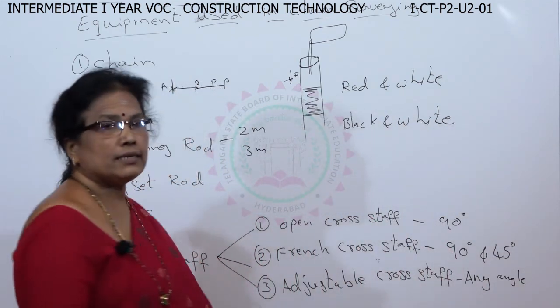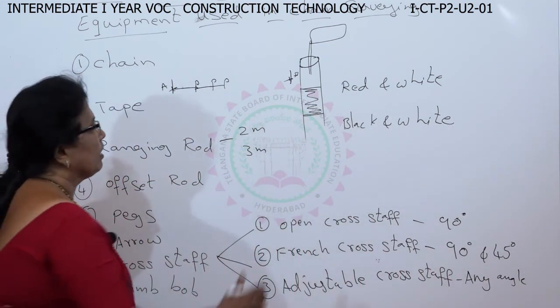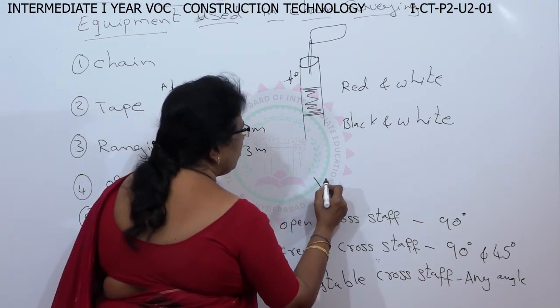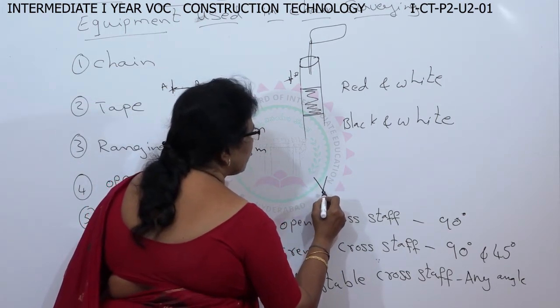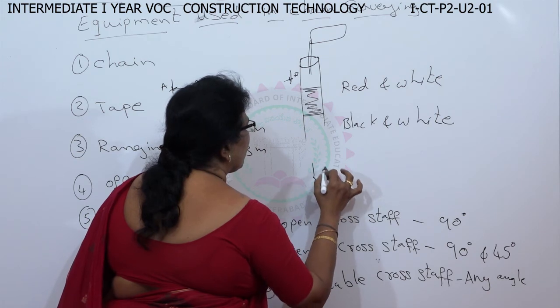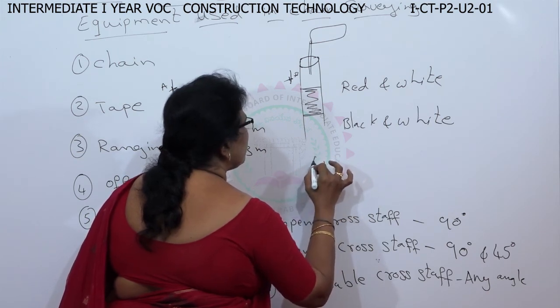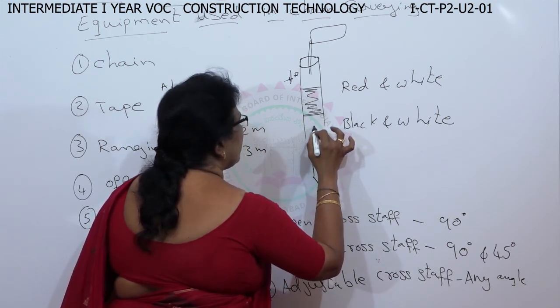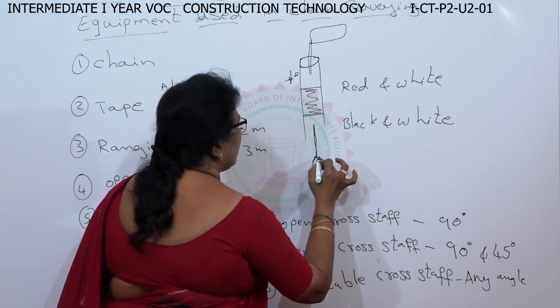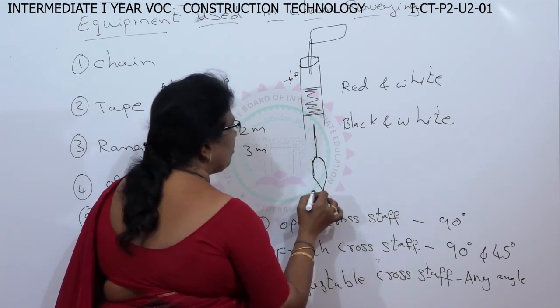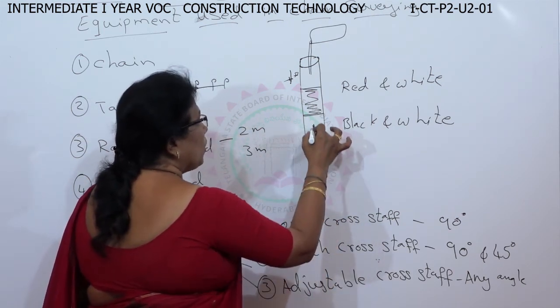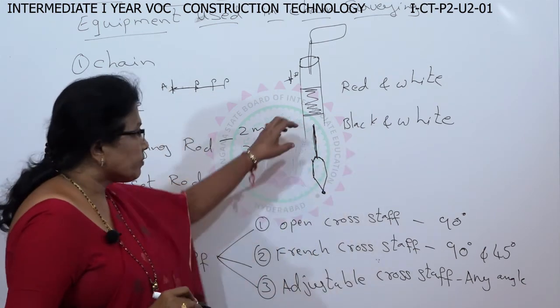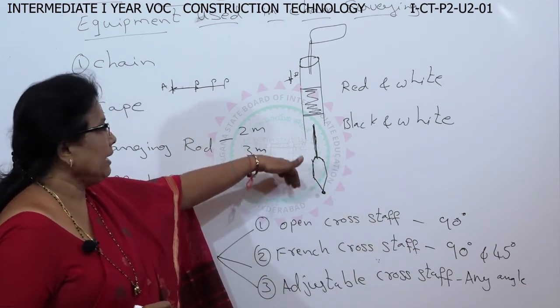So, next is the plumb bob. You might have seen this plumb bob, to which a long thread is tied. Generally, a mason uses it to check the vertical line.